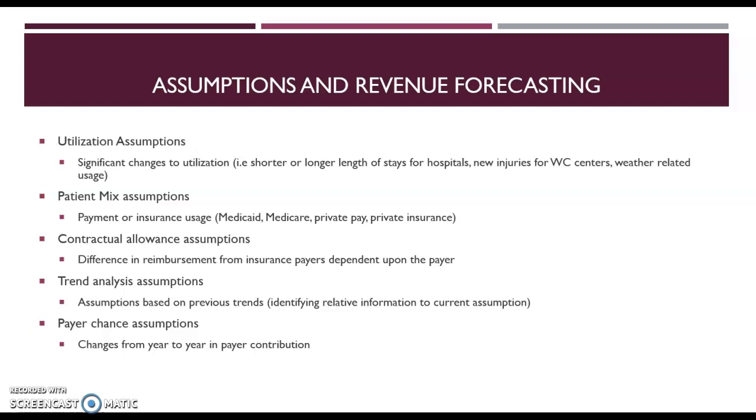Assumptions in revenue forecasting. This is just part of what can contribute to it. There are 5 different assumptions in forecasting that can affect your revenue. First, utilization, or significant changes to utilization.